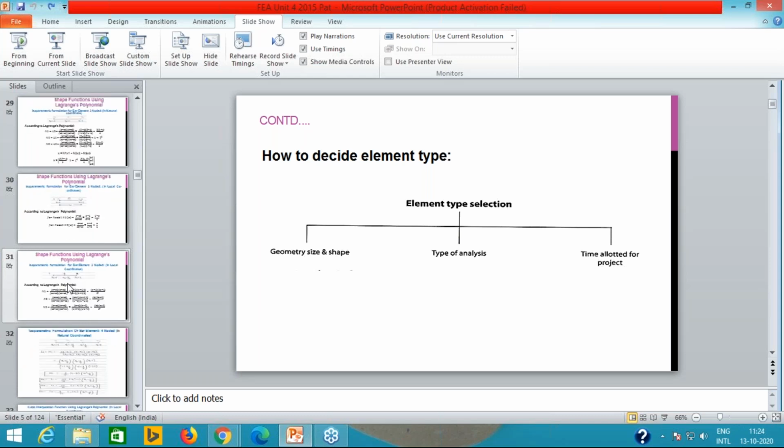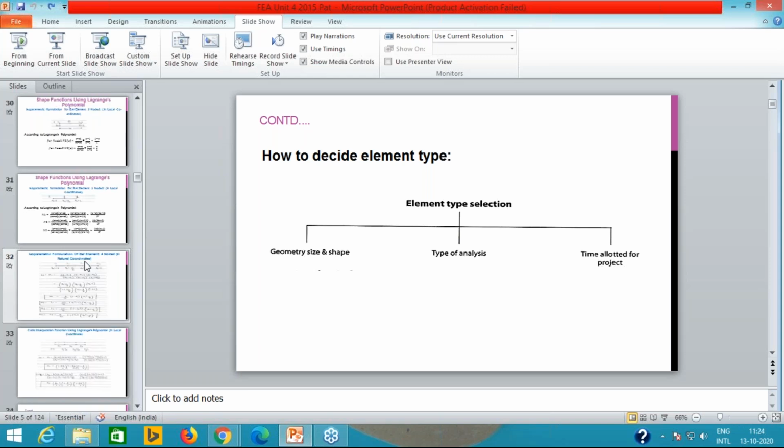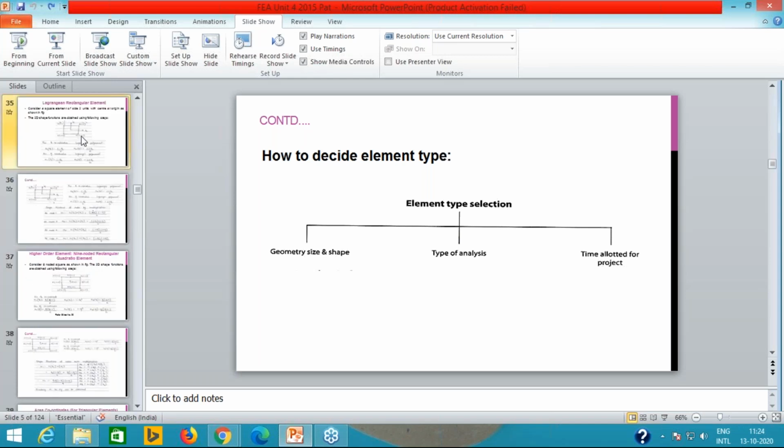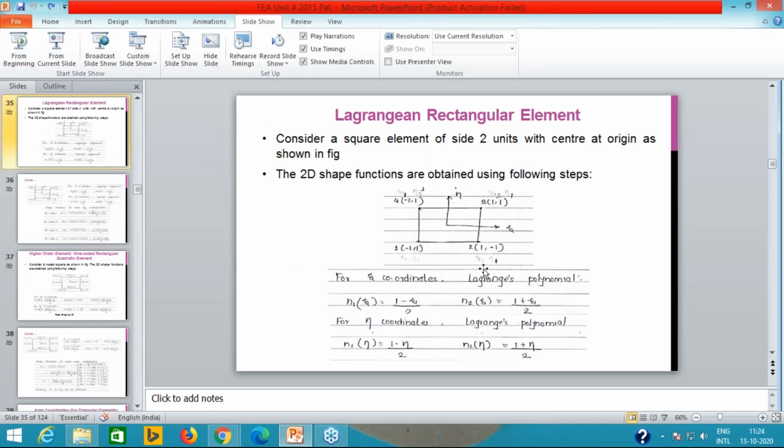And we covered the two noded bar element in natural coordinates and local coordinates, and the same for the three noded bar shape functions. Then one element is the Lagrangian rectangular element. That element has four nodes, 1 2 3 4.